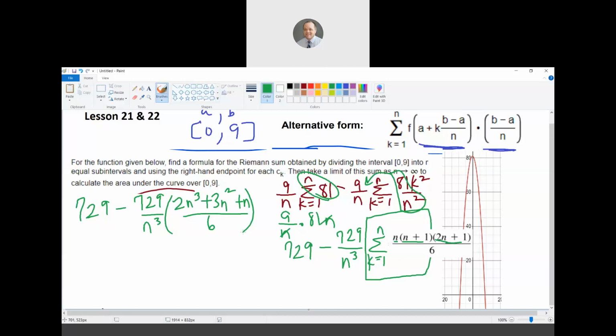Now let's simplify just a bit. I'm going to leave the negative 729 in front and just multiply the denominators.